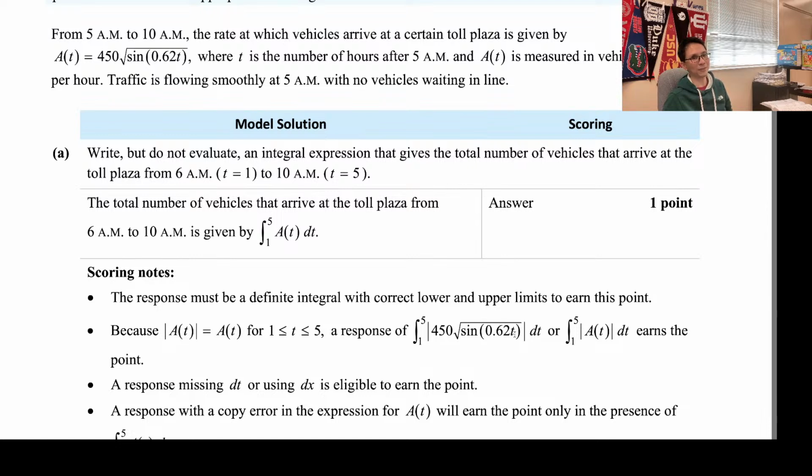They purposely finish at 5 because 5 times 0.62 is equal to 3.1, which is less than 3.14. Otherwise, some smarter math students would say this is not a legitimate question. If they put 0.72, then that question would not be defined because you cannot take the square root of a negative number, since sine is going to have a square root. So they have to be very cautious when they write a problem.